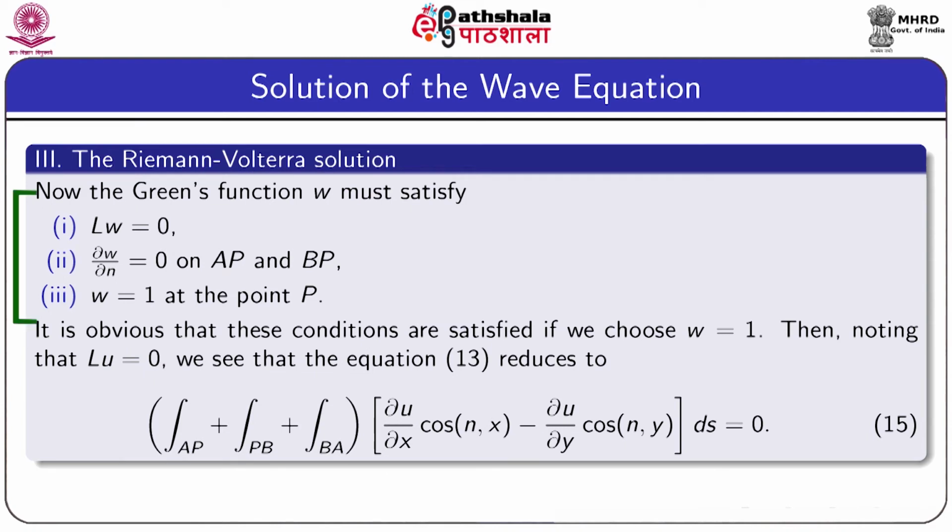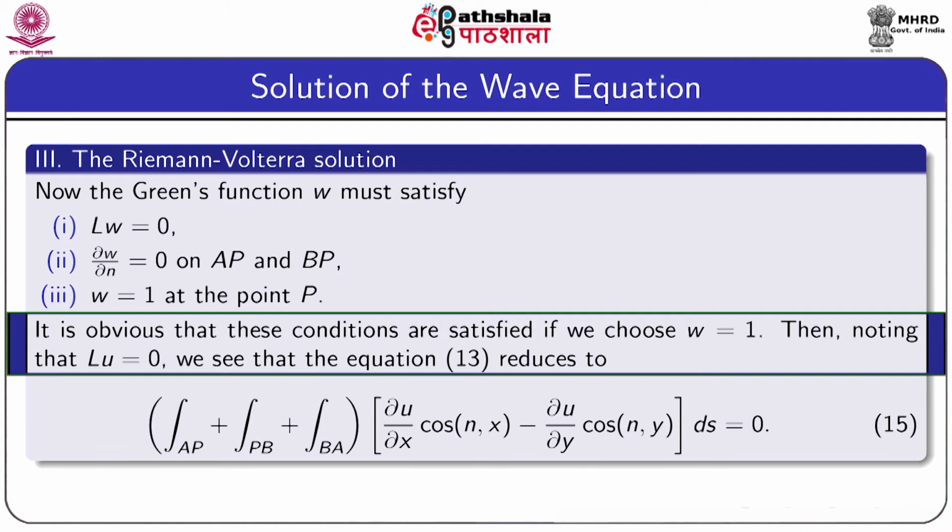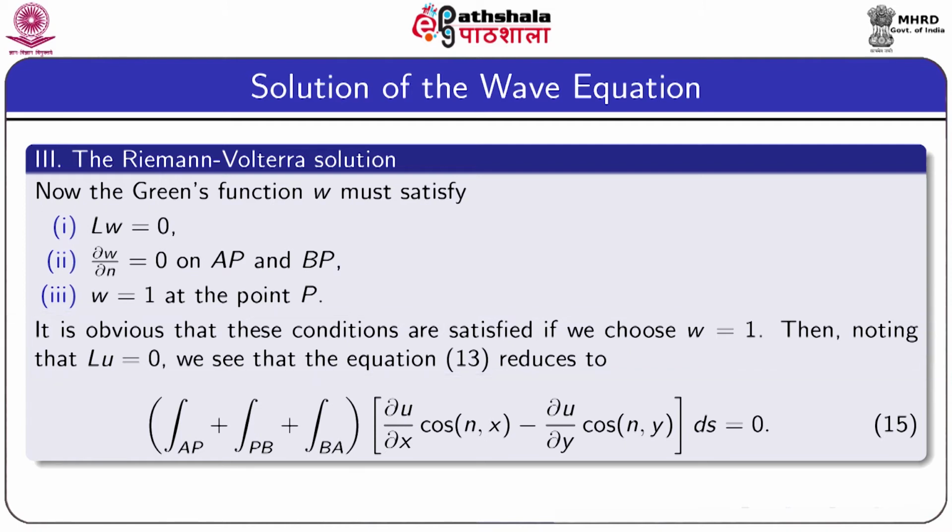These are the two characteristics, and w = 1 at the point P. Now, to satisfy these three conditions, the obvious or easy choice for w is w = 1. If w = 1, it will satisfy all these three conditions.